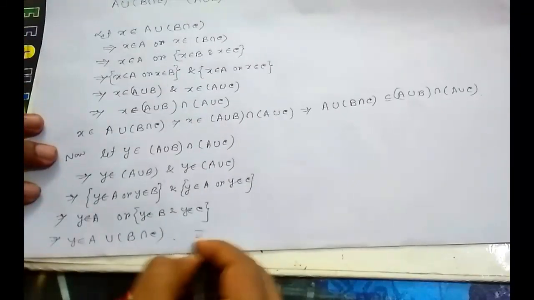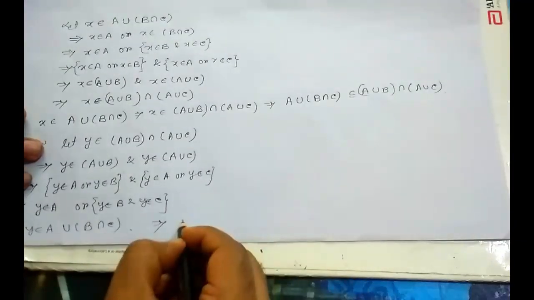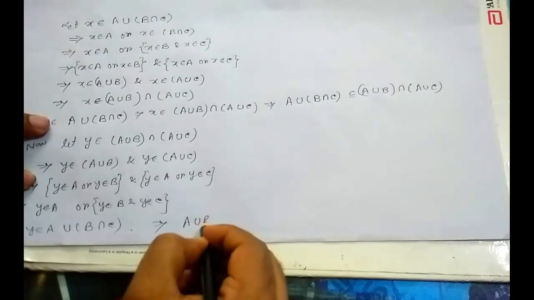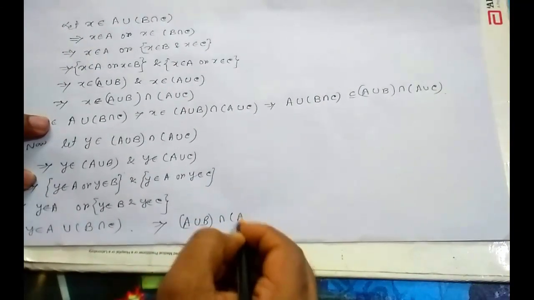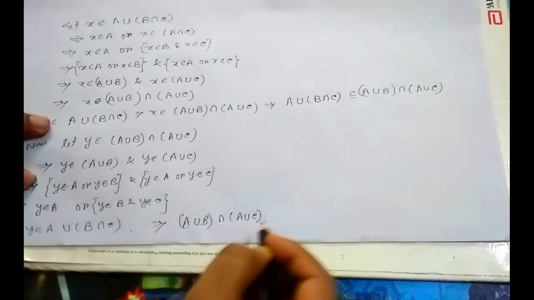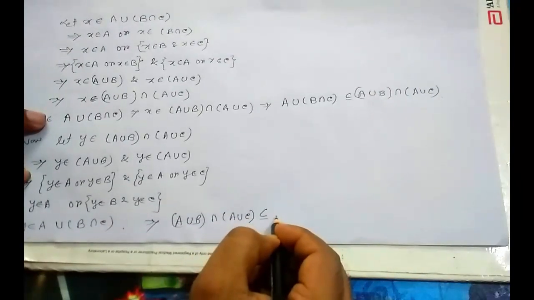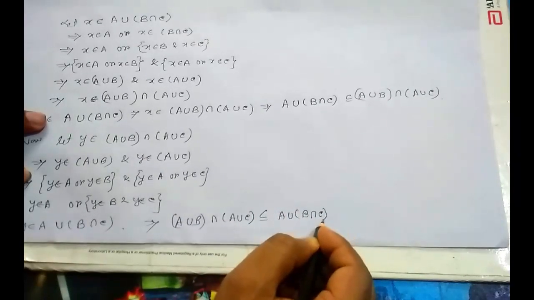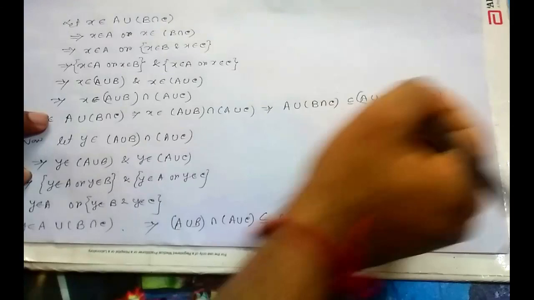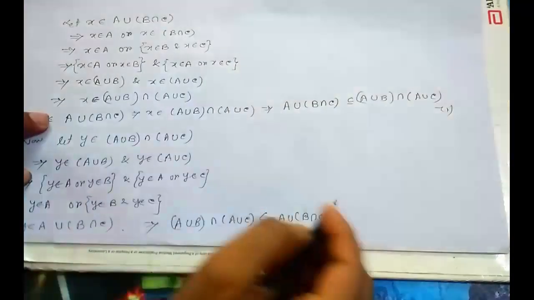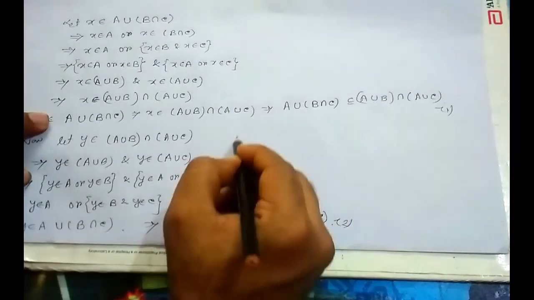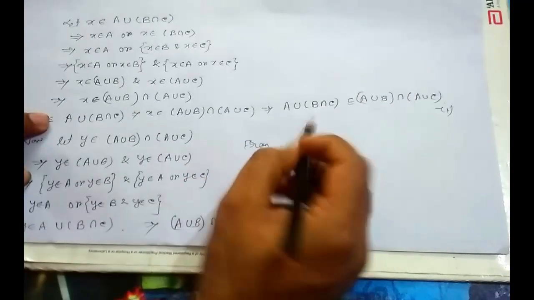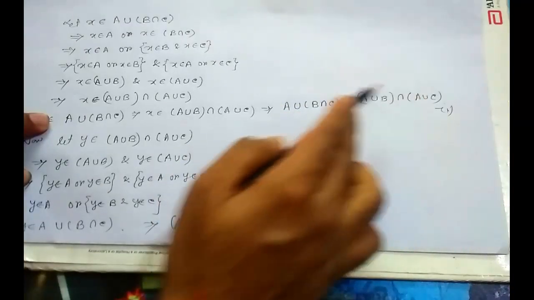So this implies that A union B intersection A union C is subset of A union B intersection C. Okay, now I am naming this 1 and 2. So this is subset of this and this is subset of this.